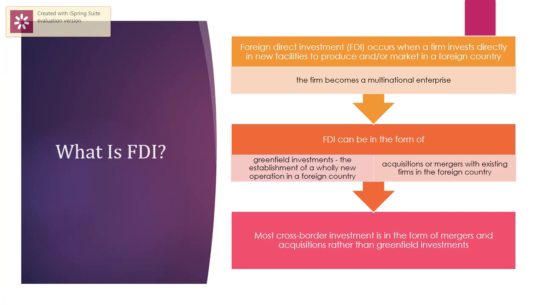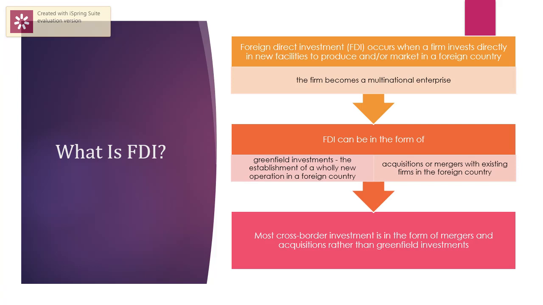Basically, foreign direct investment occurs when a firm invests directly in new facilities to produce or capture the market in the foreign country. So what happens is that they continue their business in their home country as well as expand their business to the foreign country, which becomes their host country, and the firm becomes a multinational enterprise.